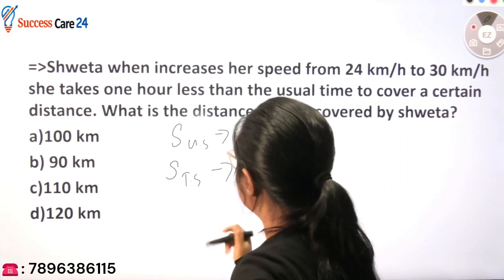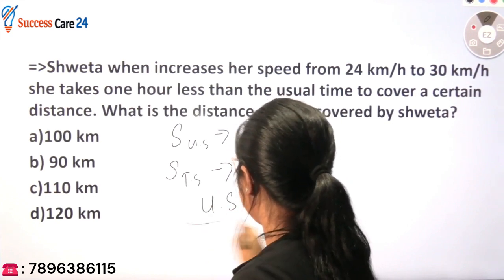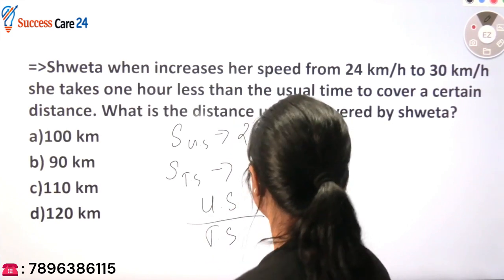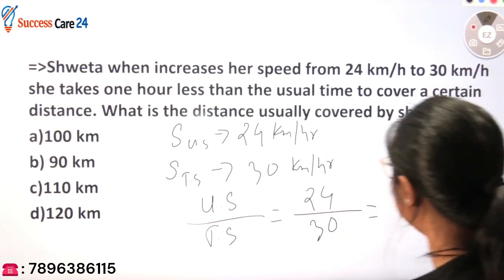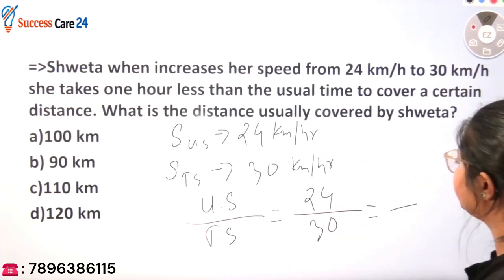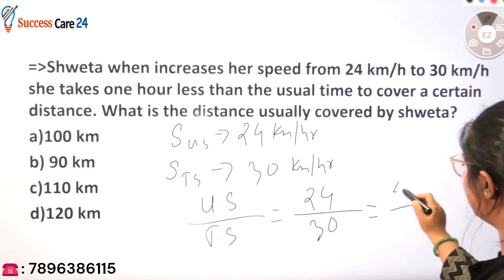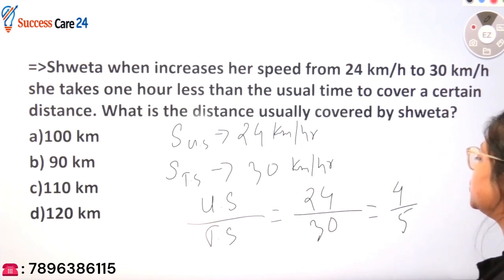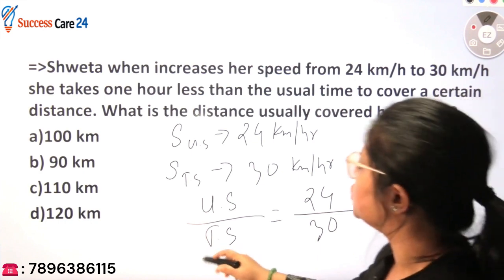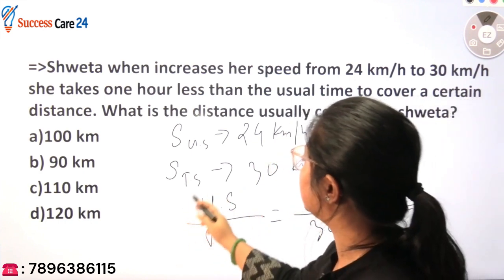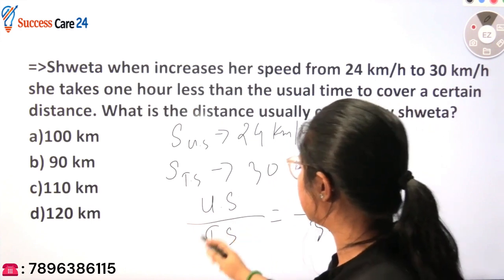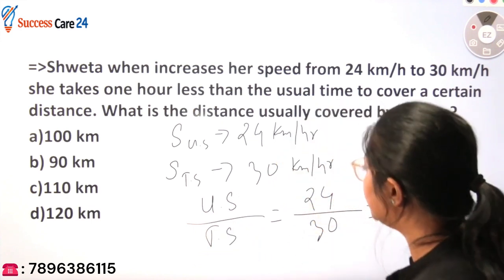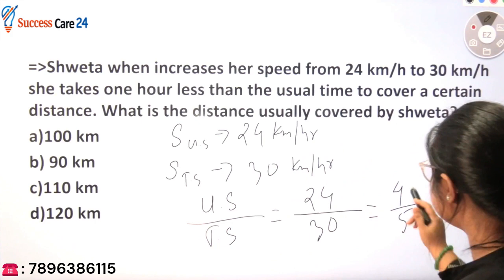The usual speed of Shweta by today's speed of Shweta is 24 by 30, so the ratio of speed is 4 and 5. So the ratio between the usual and today's speed is 4:5.